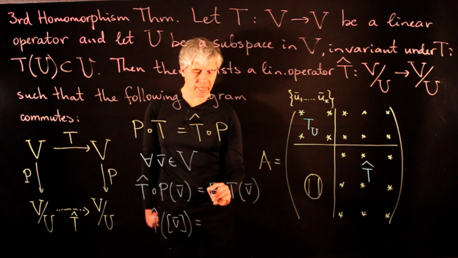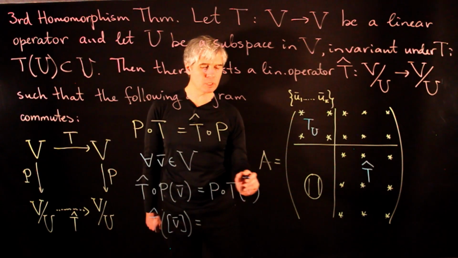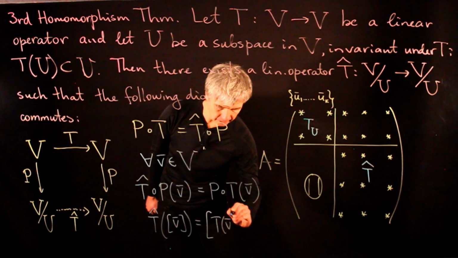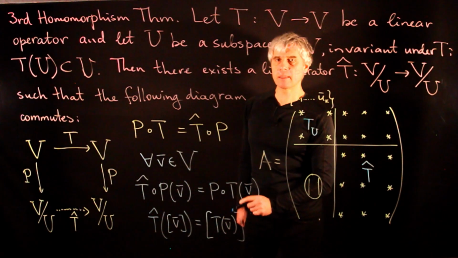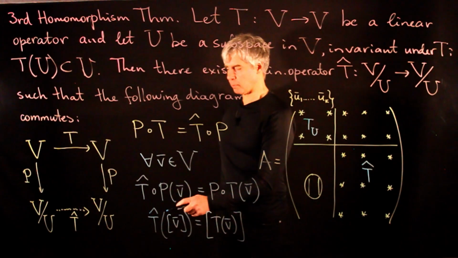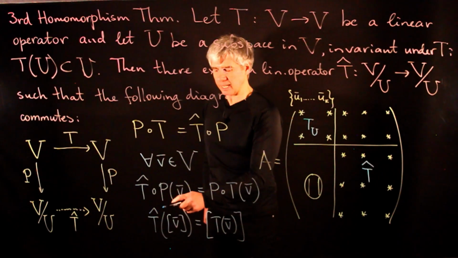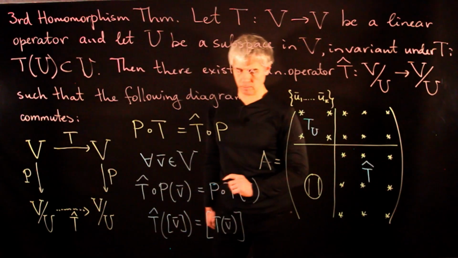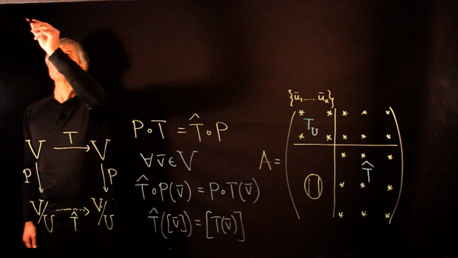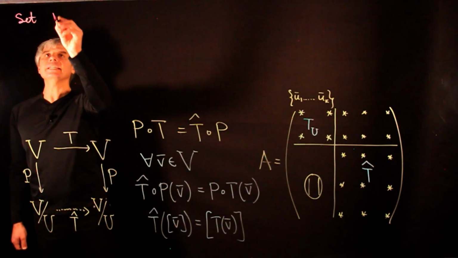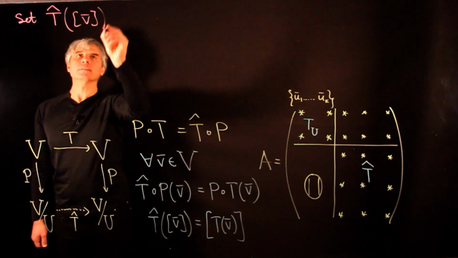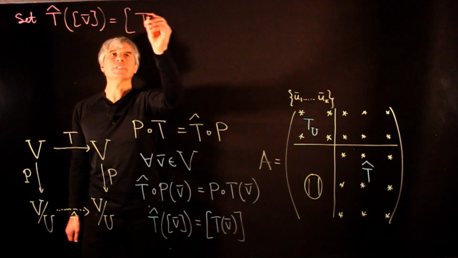And on the right, we have the canonical projection applied to T of v. So this will be the class of T of v. And what we see is that this gives us the only possible definition of the operator T hat acting on the quotient space V quotient by U. So following this rule, we set T hat of the class of v to be the class of T of v.